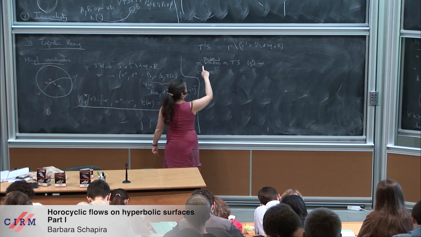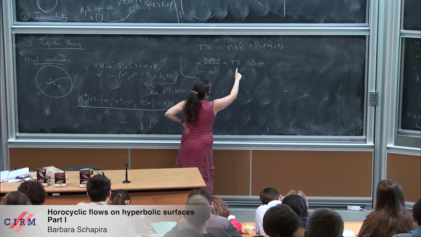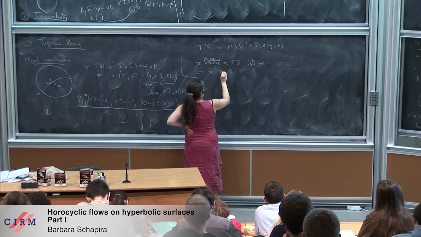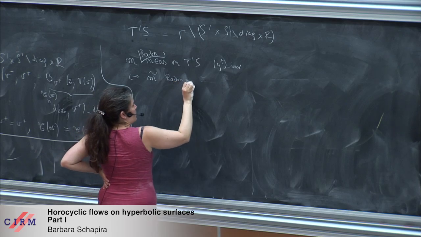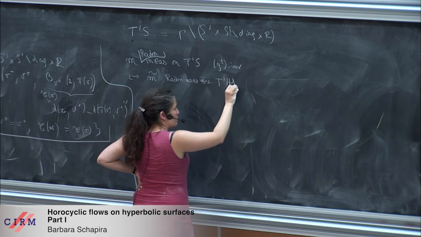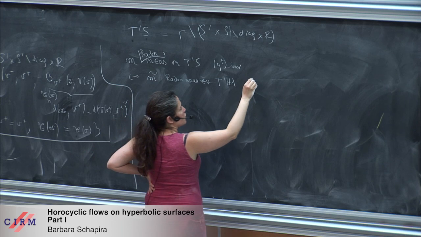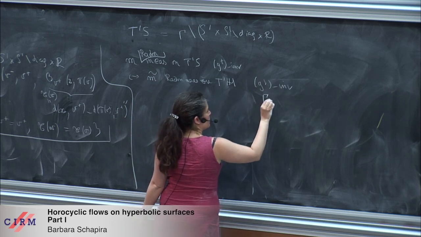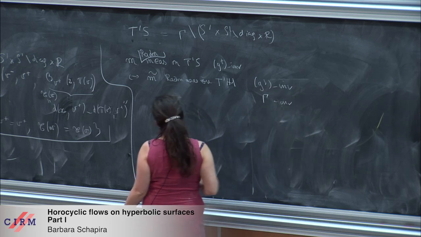So a Radon measure on the unit tangent bundle of the surface which is invariant by the geodesic flow is the same as a Radon measure on the unit tangent bundle of the hyperbolic plane which is not only invariant by the geodesic flow, but also invariant by the group, because I lifted it.